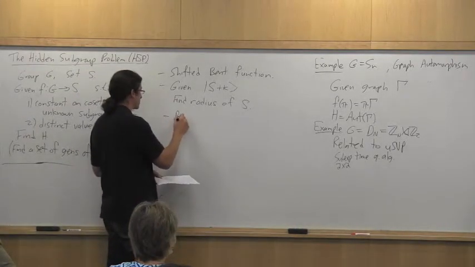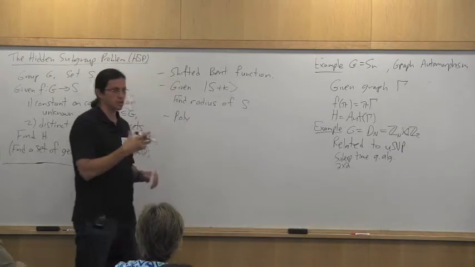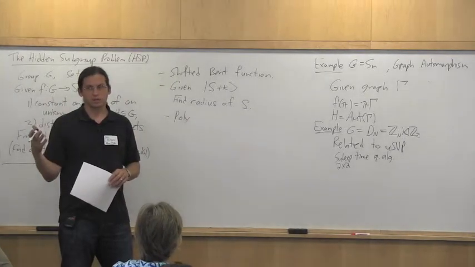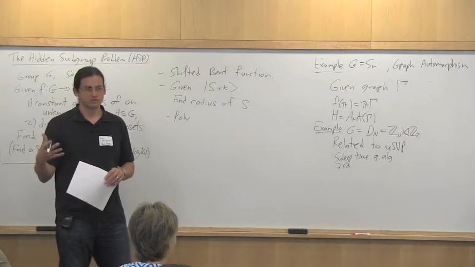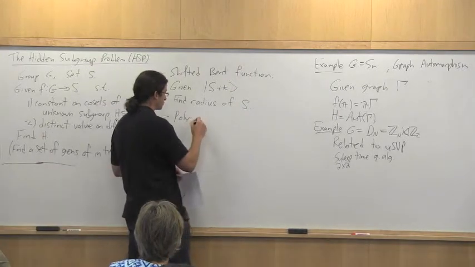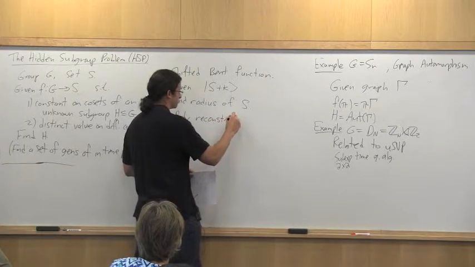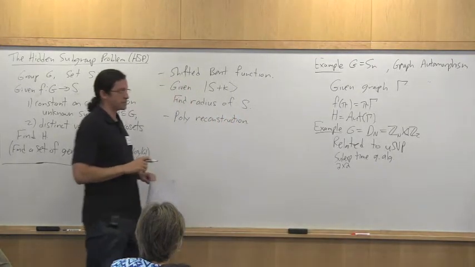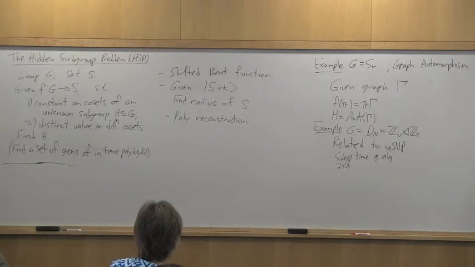And one last example I'll give for now is that there's been some work lately on reconstructing polynomials. So you can evaluate a polynomial and get back, think of it as, an encrypted value of the function value. And you want to figure out what the polynomial is. And for some restricted cases, people have been able to do that. Okay. All right, so those are the examples of some other problems.